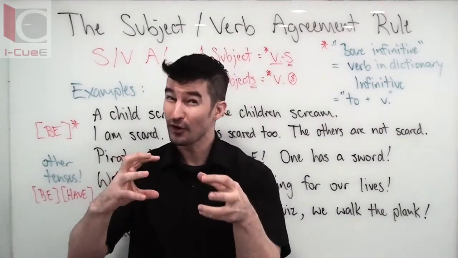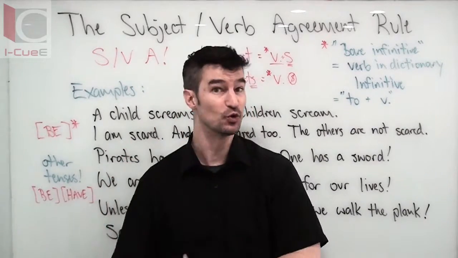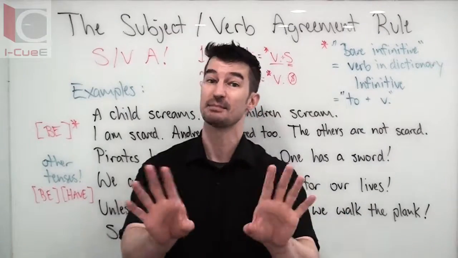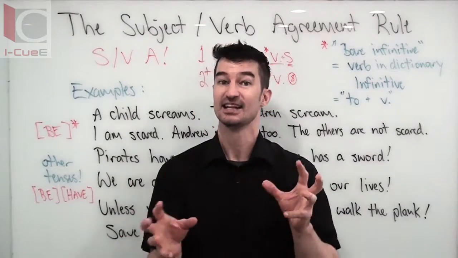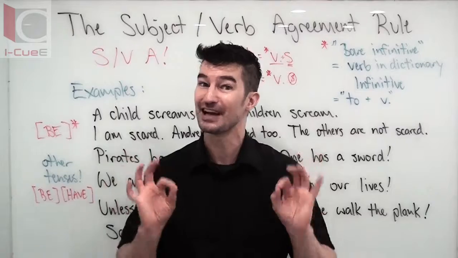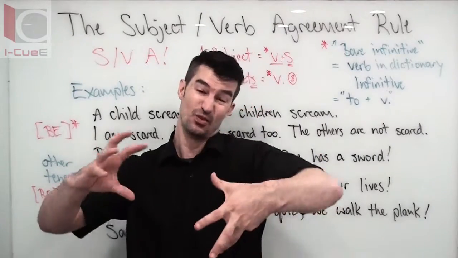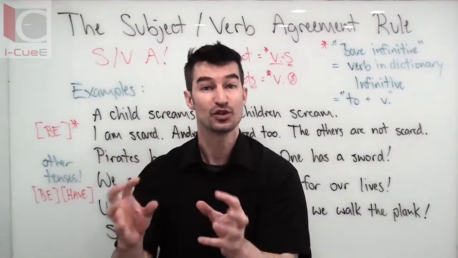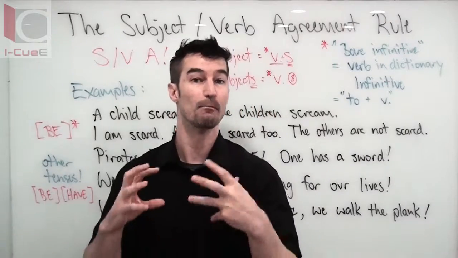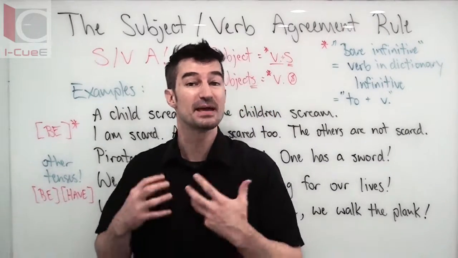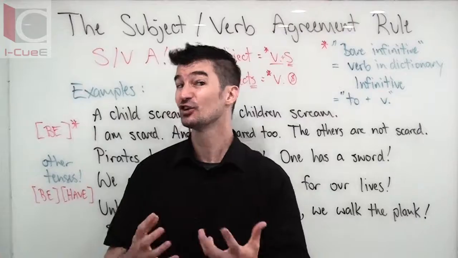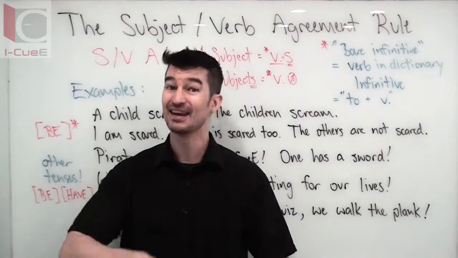Similarly, if there's more than one in your subject, so if there's two or more, and sometimes it might be tricky because there are some irregular nouns, when they're plural, they don't use the letter S to show more than one. Words like people, words like children, okay? Men, women.